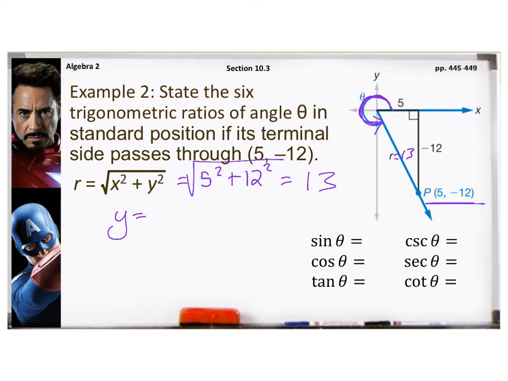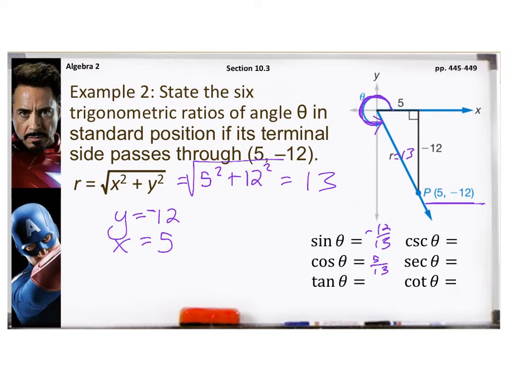My y is negative 12, my x is 5. So if sine is y over r, I have negative 12 over 13. If cosine is x over r, I have 5 over 13.